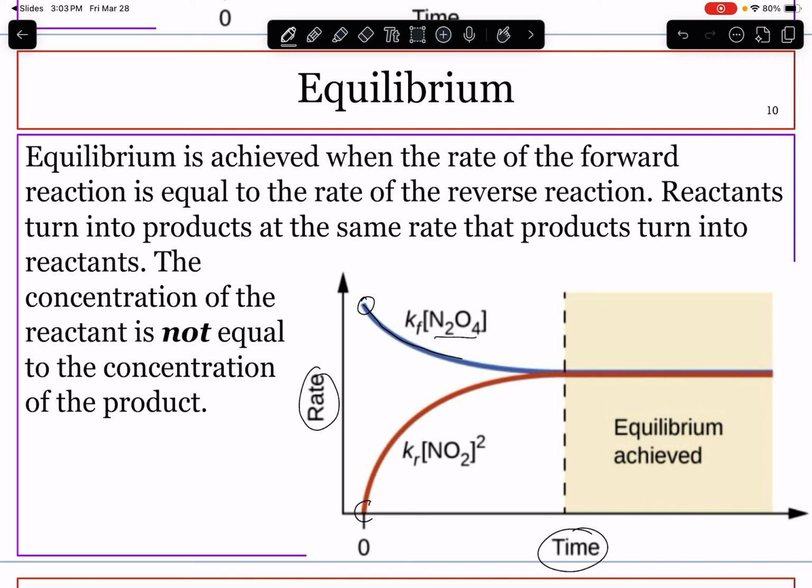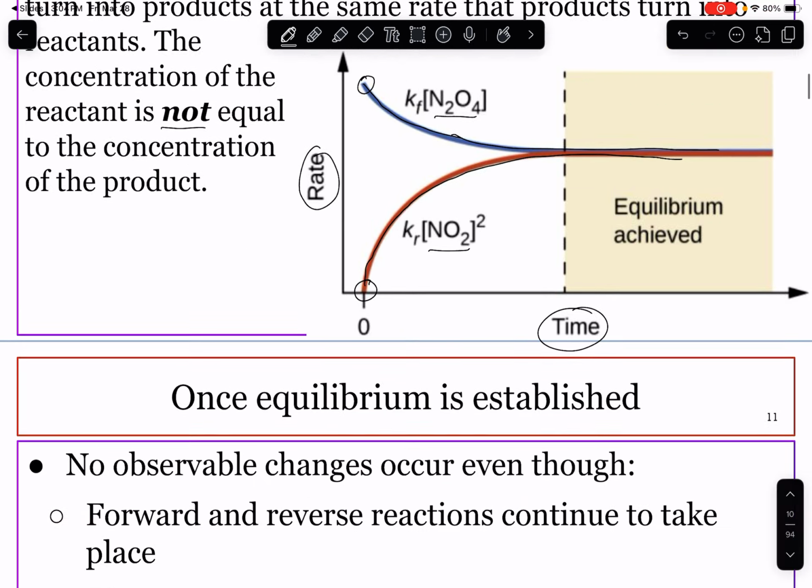The rate of the reverse reaction starts out at 0, but as N2O4 turns into NO2, the rate of the reverse can increase until the rates of the forward and the reverse are equal to each other. Remember, the concentrations are not equal to each other, but the rate of the forward and the reverse are equal to each other.